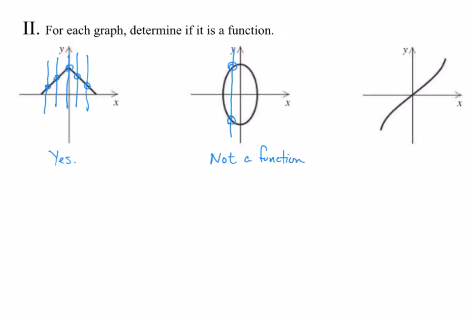The last example, if we go ahead and look at this, can you find a vertical line that will cross through the graph more than once? And the answer is no. This is a function.